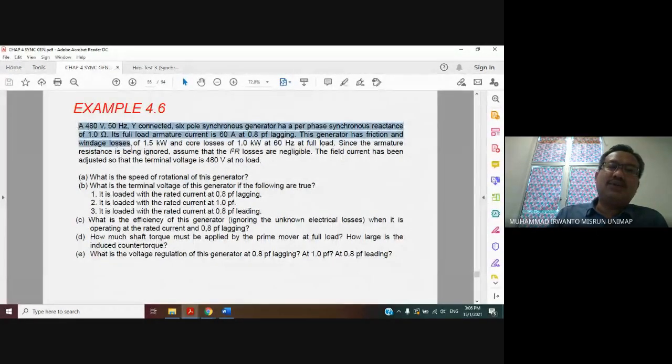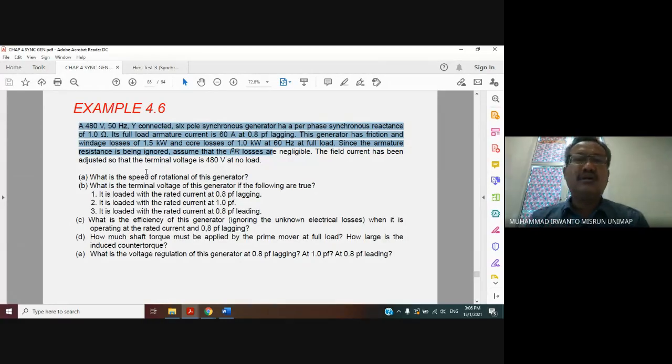A 400 volt, 50 Hz, Y-connected, 6-pole synchronous generator has a per phase synchronous reactance of 1 ohm. Its full armature current is 60 ampere at 0.8 lagging power factor.